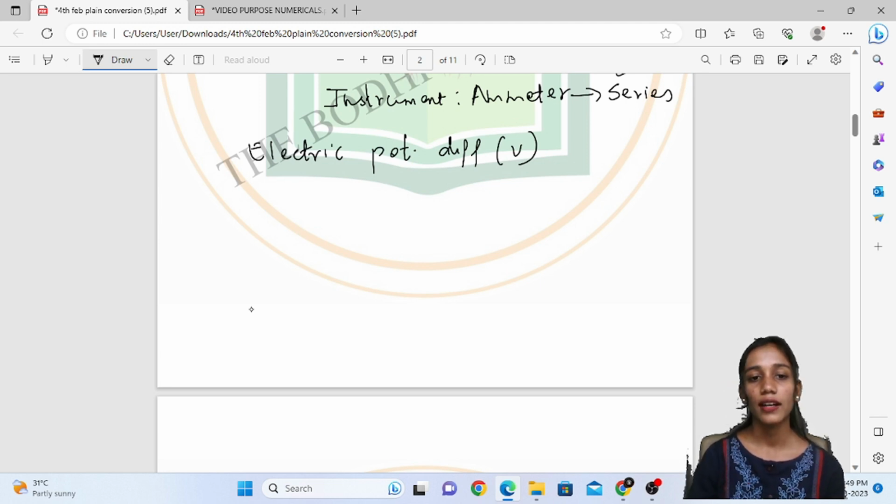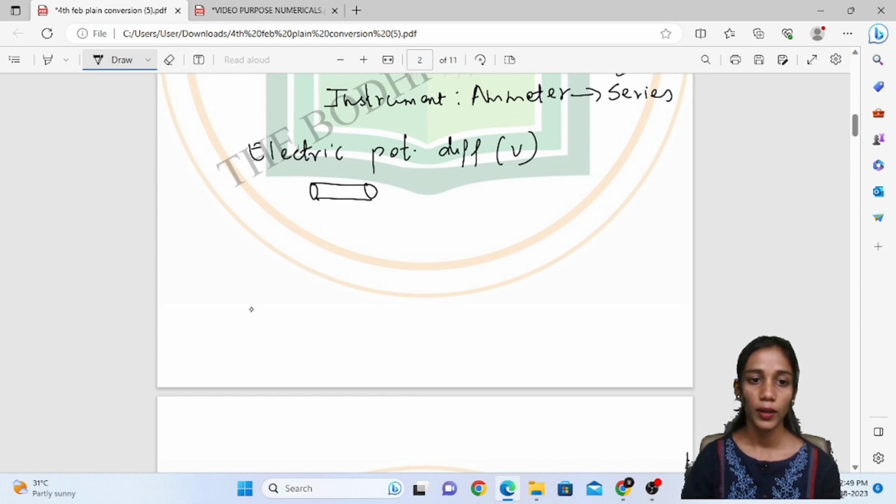We have seen that if there's a pipe and you have to flow water through it, when you place it in a horizontal position, there will be no water movement. But if you lift it and connect one side to a tank of water, the water will flow because there is a difference in pressure.